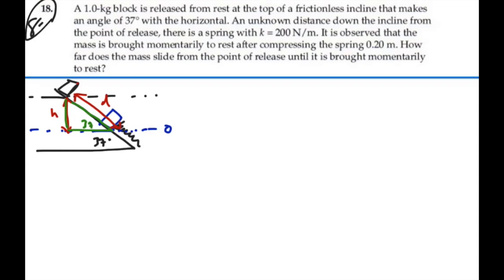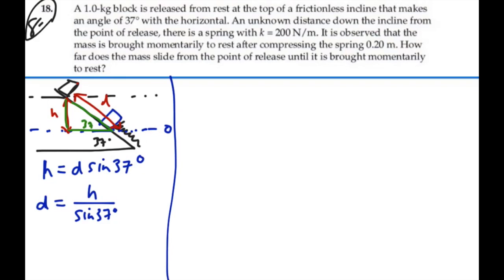So H is going to equal D sine 37 degrees. Good to know. Alright, and we eventually want to find out what D is. So D is going to equal H divided by the sine 37 degrees.